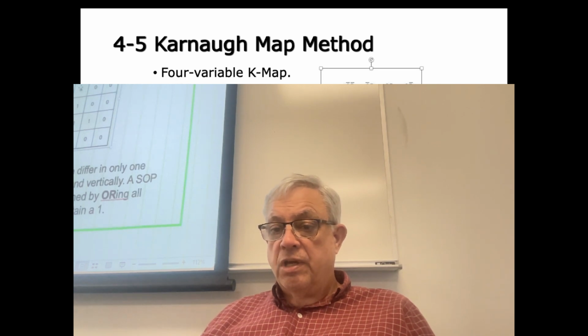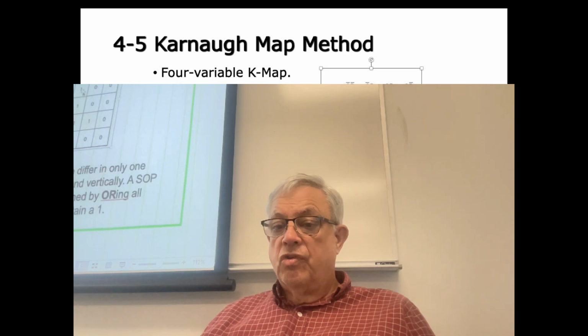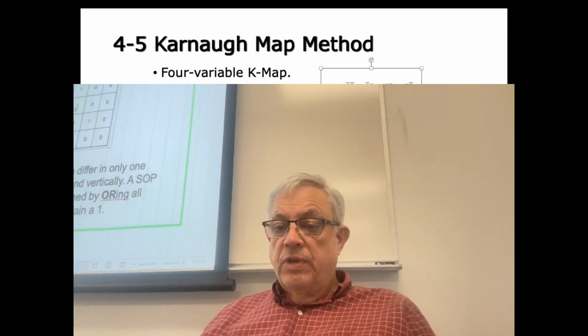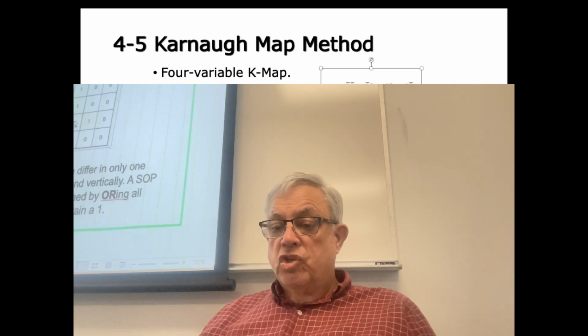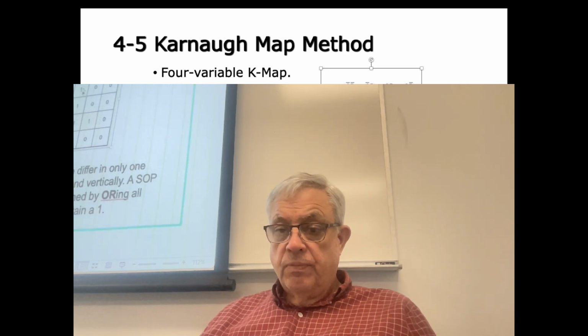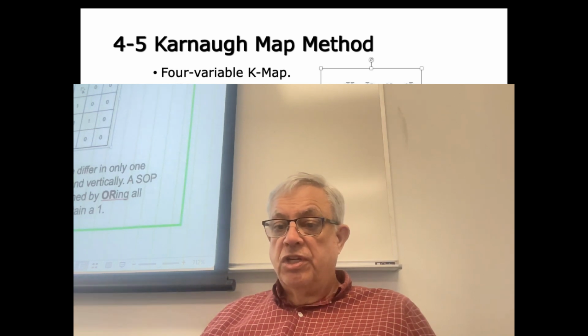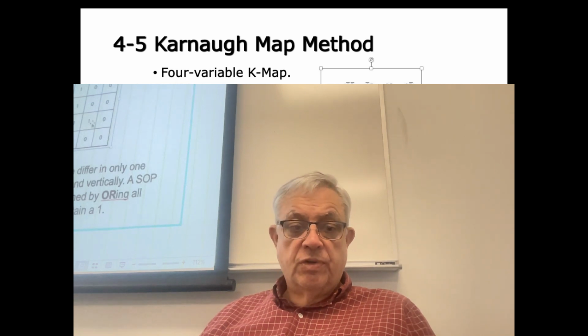I've got A naught, C naught, D, 3 terms that describe these 2 cells. I come down here to these 2 cells. They're in a row together. I know this is AB, but C's changing, but D's not changing. So this is ABD. So my final expression becomes A naught, C naught, D, or ABD. And there's the simplification of this one.